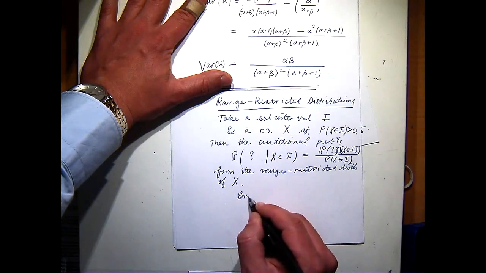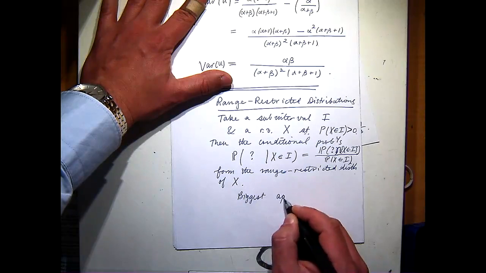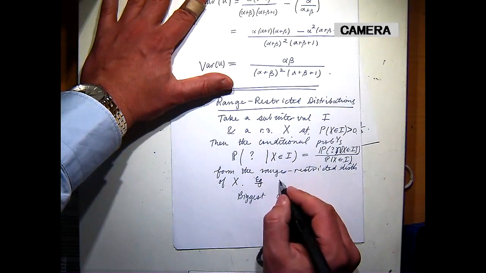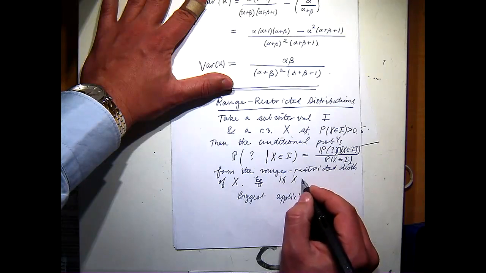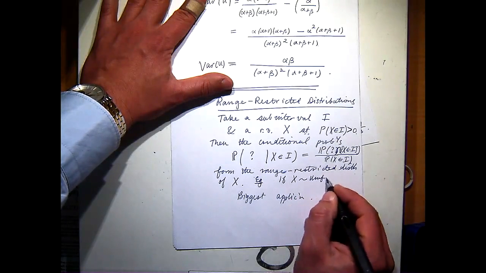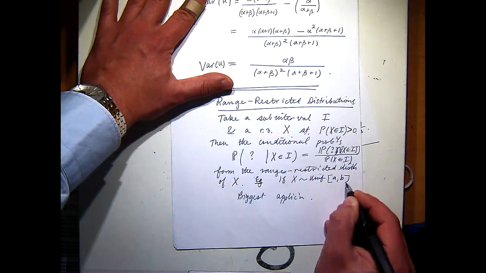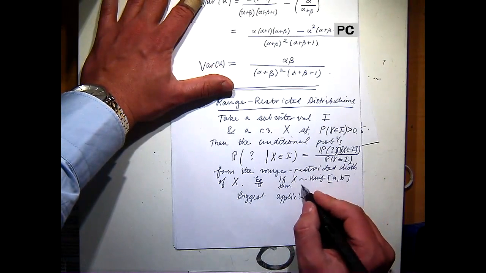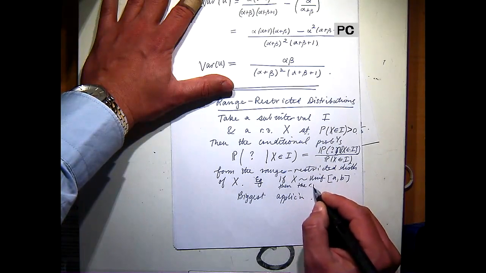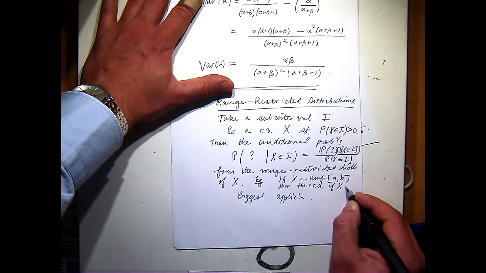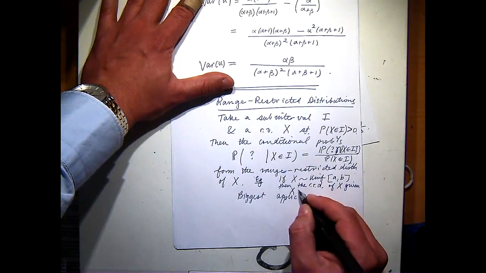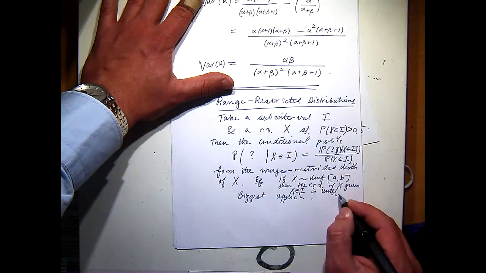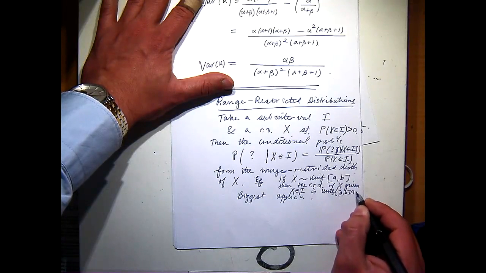The biggest example, or the biggest application, okay. By the way, let's do one example of that. If x is uniform, this is a really easy one, on an interval a to b, then the range-restricted distribution of x given x is in the interval I is still uniform, but the interval is now a, b, intersect I. Okay?